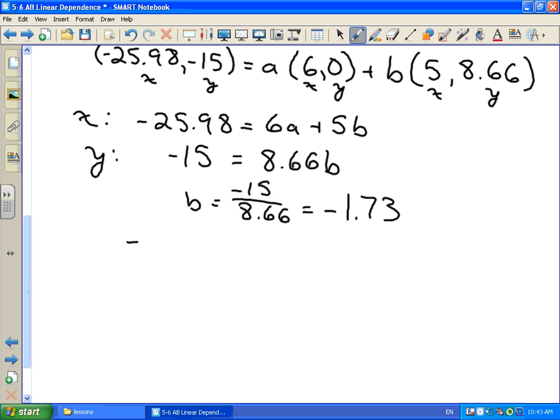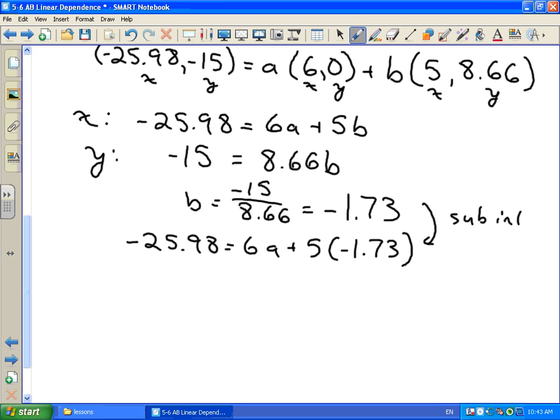We can sub that back into our x equation. So negative 25.98 equals 6a plus 5 times negative 1.73. We rearrange all of this, and we get a equals negative 2.89.